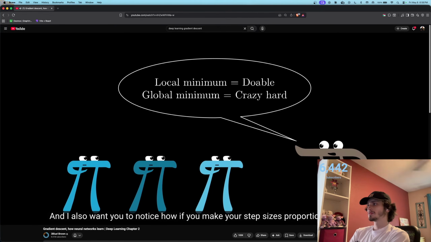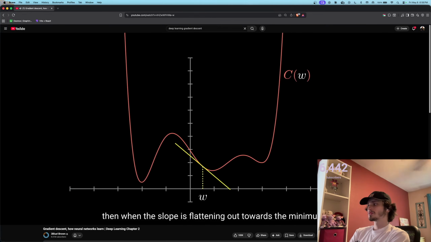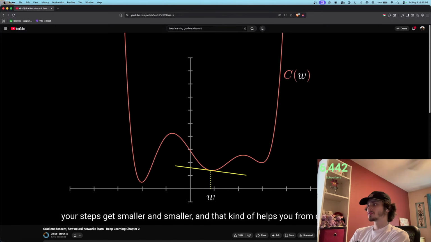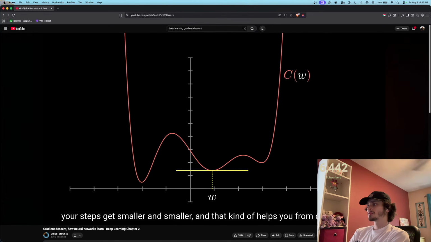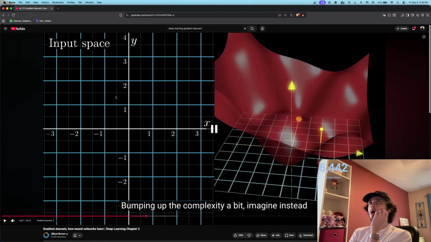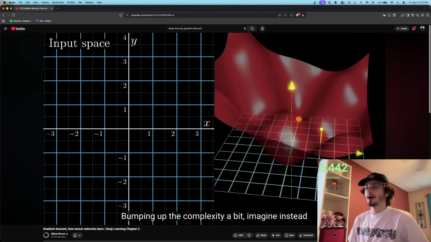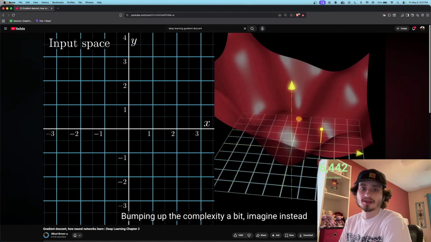And I also want you to notice how if you make your step sizes proportional to the slope, then when the slope is flattening out towards the minimum, your steps get smaller and smaller. And that kind of helps you from overshooting. As the slope starts to even out and become flat, you would lower your step distance, your epsilon x.